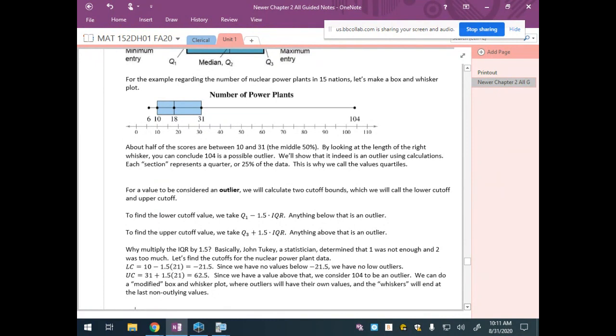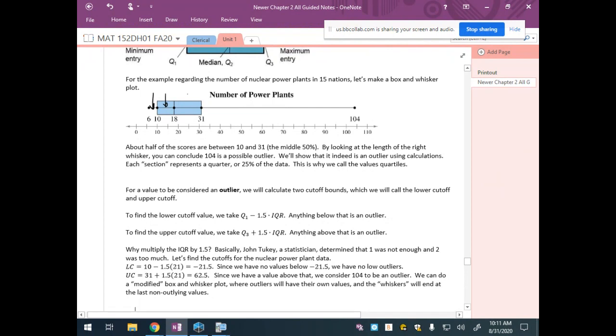So, about half of the scores are between 10 and 31. Now, if you notice, there are 1, 2, 3, and 4 sections. Each section of a box and whisker plot comprises what percentage of the data? 25%.